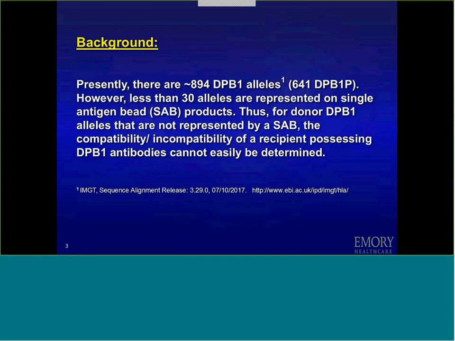The issue is that of all those different alleles, there are only 30 that are represented on single antigen bead products. And that means that assessing compatibility between donors and recipients, for recipients who have lots of different DP antibodies, is a challenging issue.